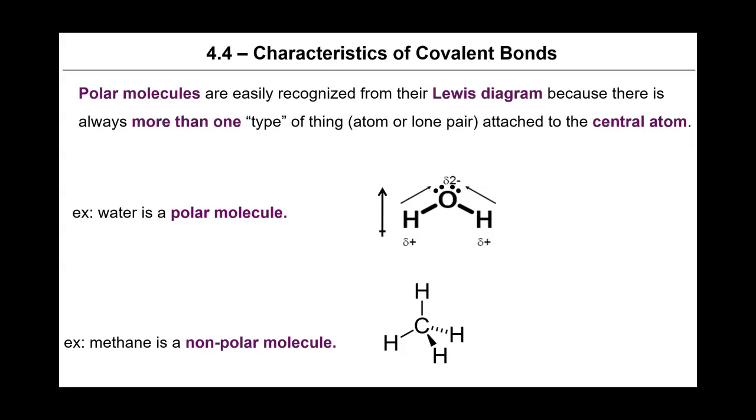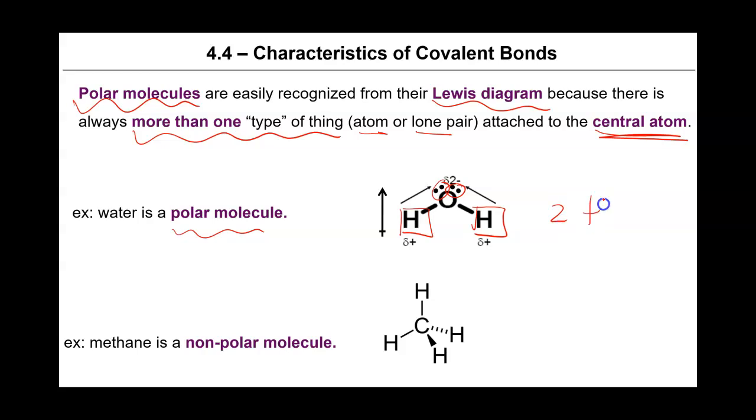Now, you can easily recognize whether a molecule is polar or not if you have a correct Lewis diagram. And the reason is because there will always be more than one type of thing, and by thing I mean either an atom or a lone pair, attached to the central atom. For example, we can tell that water is a polar molecule because it has lone pairs and also hydrogen atoms attached to the central atom.